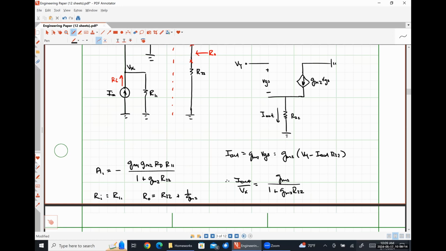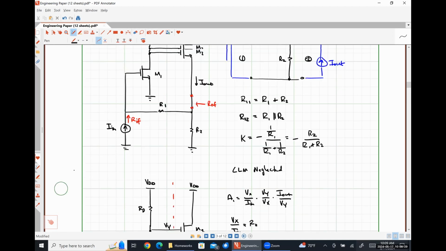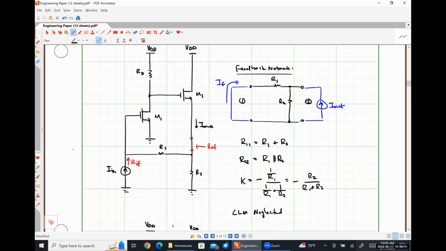So I believe that we accidentally have positive feedback here, because our A1 term is negative and our K factor is negative. So let's see if that makes sense.